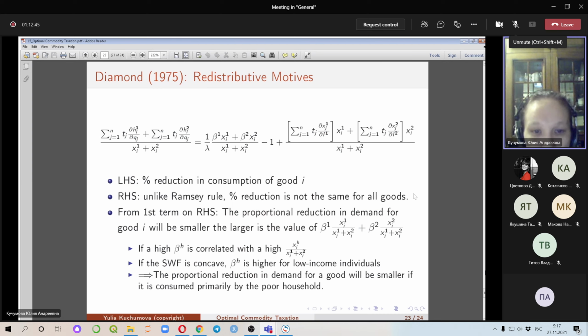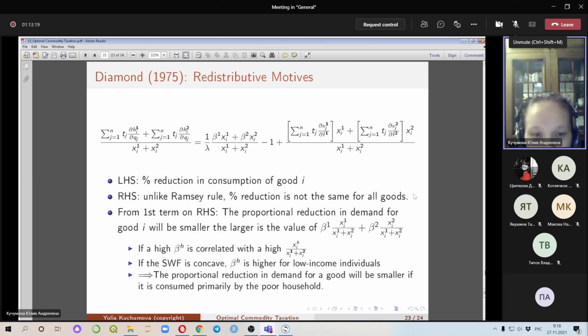So from the first term on the right-hand side, we can see that the proportional reduction in demand for good I will be smaller the larger the value of this term, which is beta 1 multiplied by x1i plus beta 2 multiplied by x2i, all divided by x1i plus x2i.